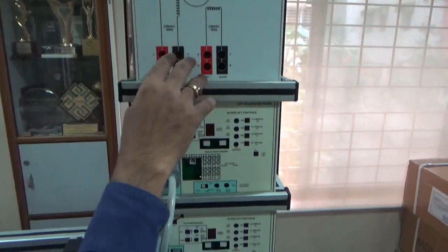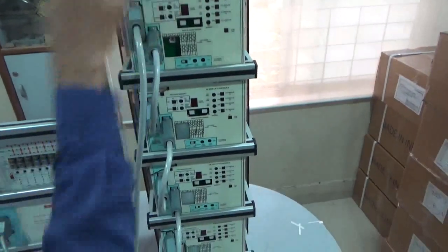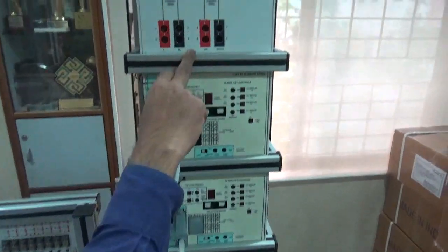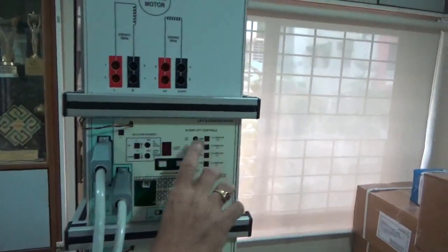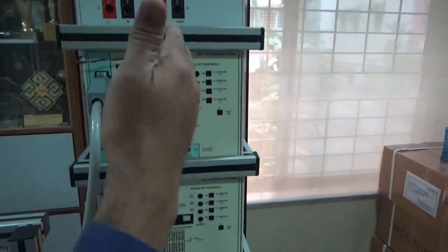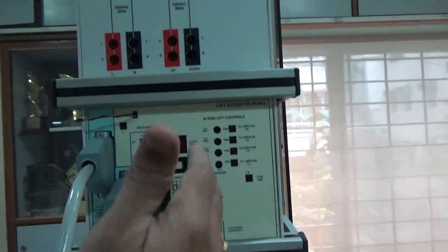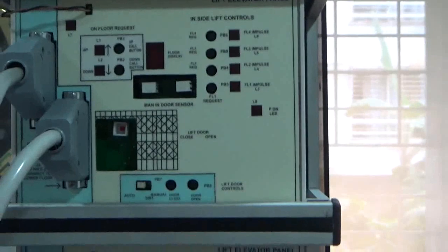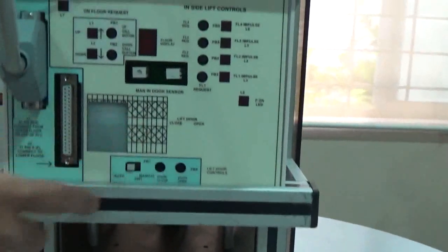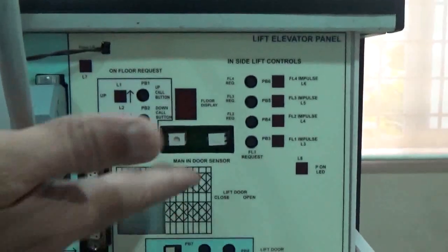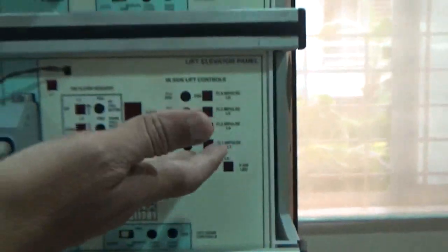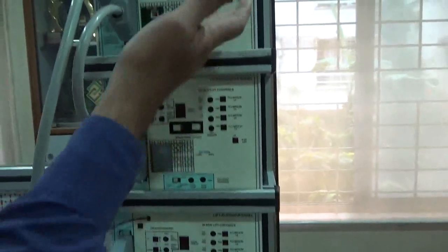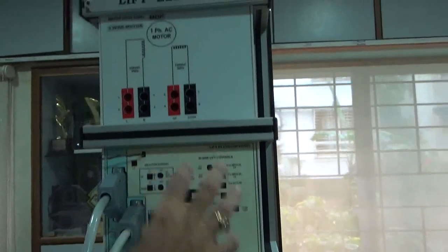So you can connect all these connections as per the wiring sequence given in the manual. And these are the lift stories, or you can say floors. This is the first floor, this is the second floor, third floor, this is the fourth floor. So these are the floors.